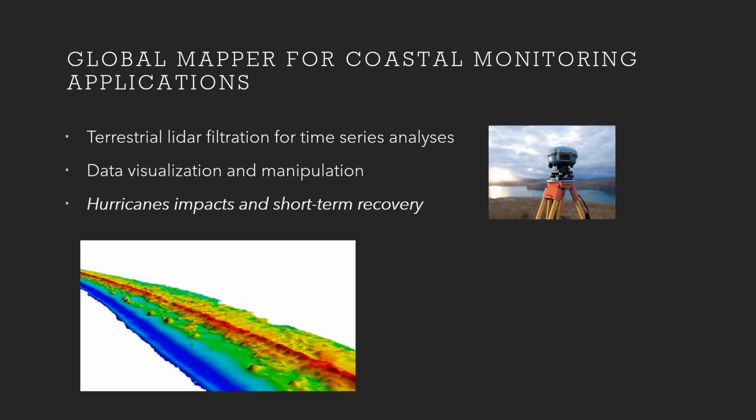And then finally, in the past couple of years, my work has focused largely on how to use GIS and remote sensing data to quantify hurricane impacts. And the workflow I've developed for that continues to be used to monitor the short-term recovery of the study area.